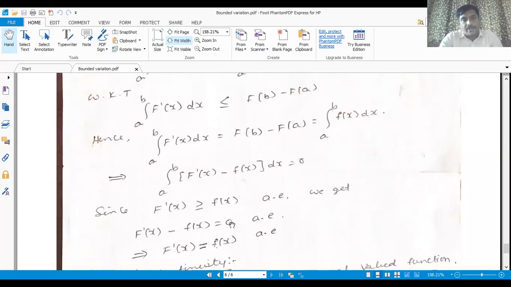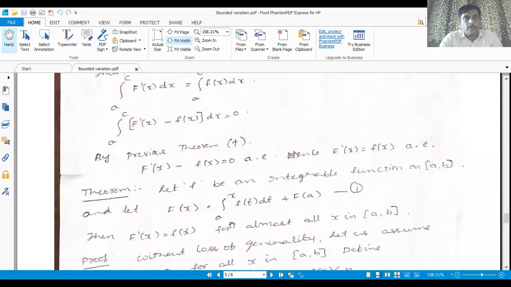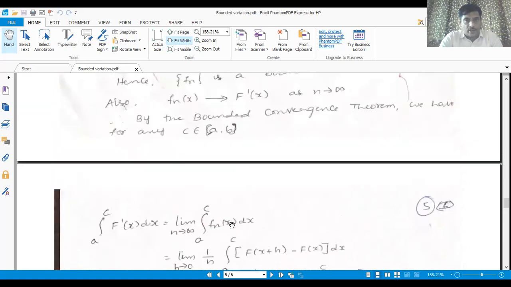These two are important theorems, you must remember and work them out.